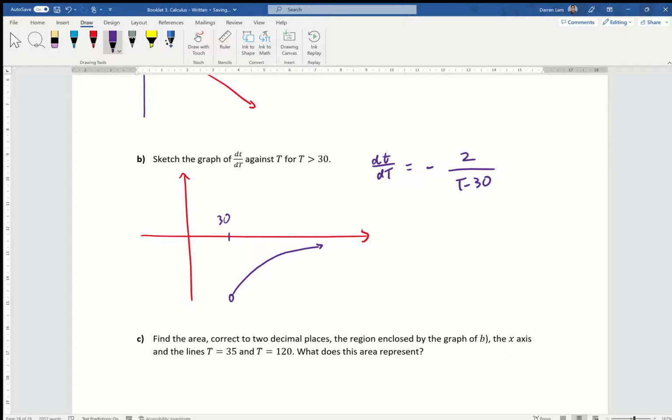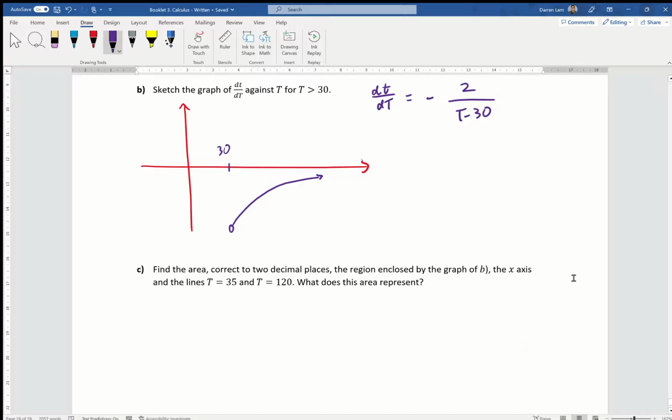What I'd like to focus on is question C. Find the area, correct to 2 decimal places, of the region enclosed by the graph of B. Oh, question B, sorry, that's what it means. The graph that you drew in question B, the x-axis and the lines t equals 35 and t equals 120. I'm just going to add these in retrospect. So this is 35 and this is 120.